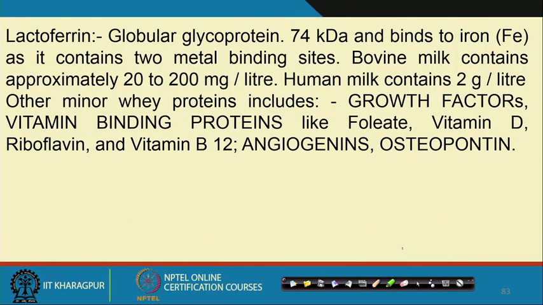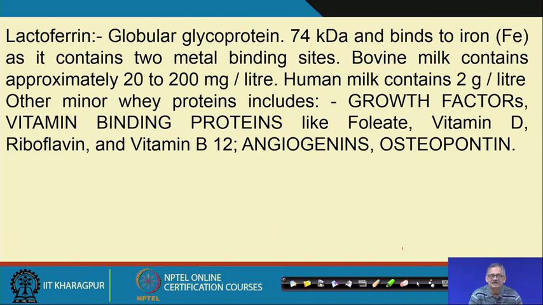But this iron is also required for binding with the proteins, and here it is that globular glycoprotein lactoferrin, which is 74 kilodalton and bound to iron Fe, right. It contains two metal binding sites.